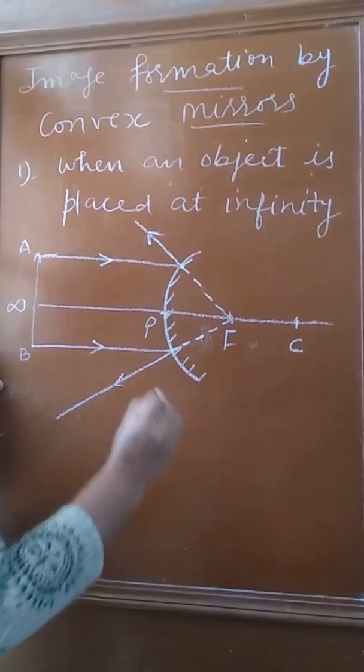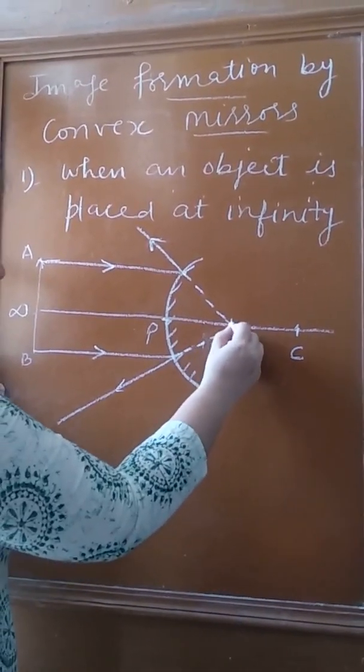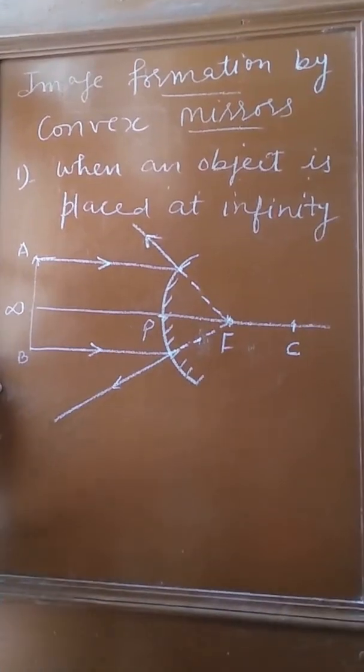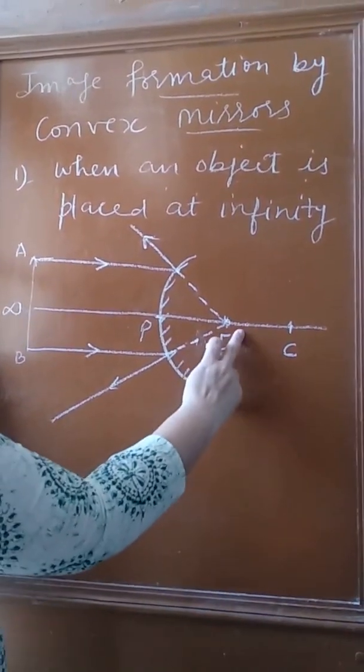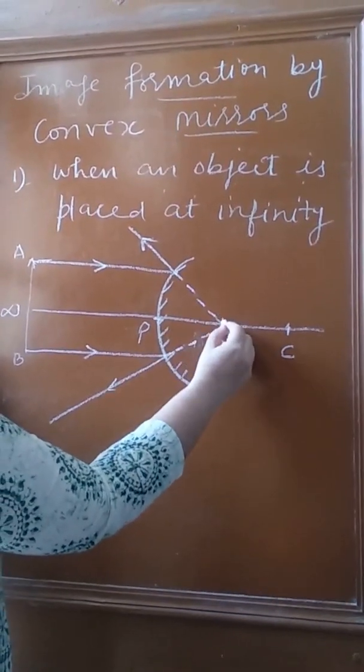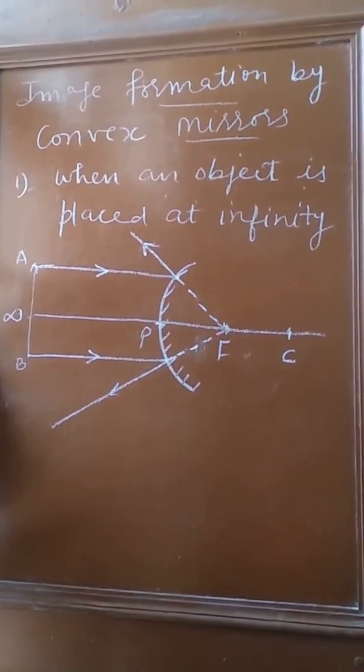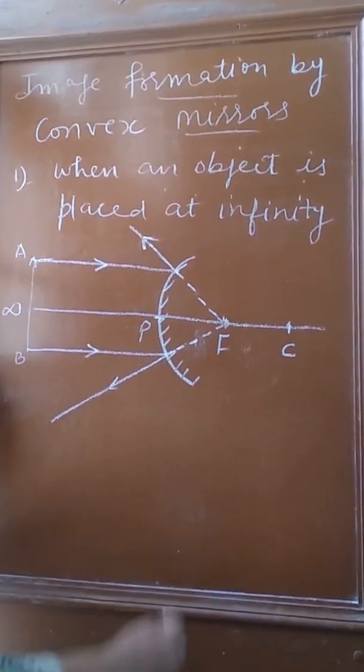Now these rays actually do not meet at any point on the principal axis but appear to meet at this point. This is the virtual image of the object.